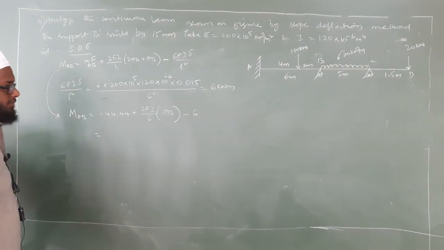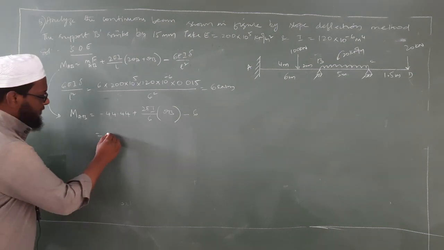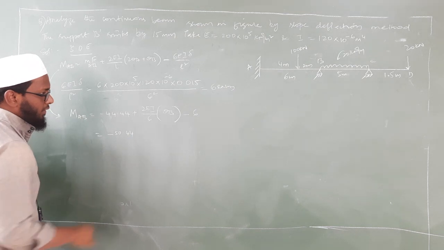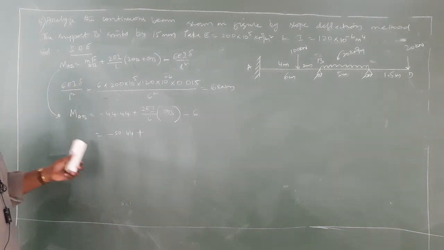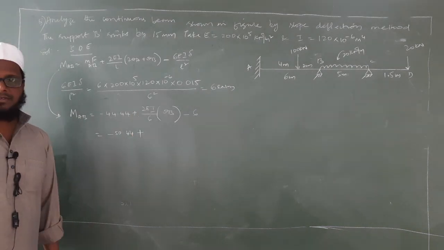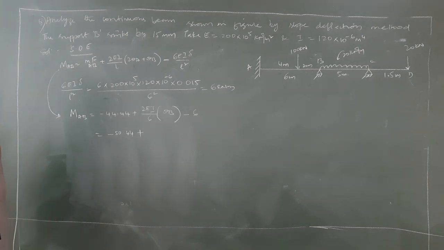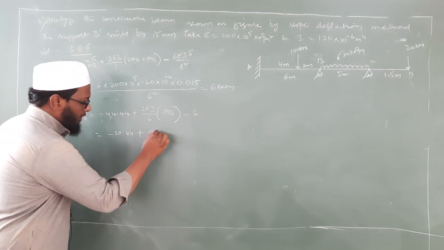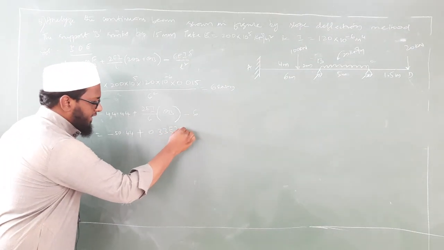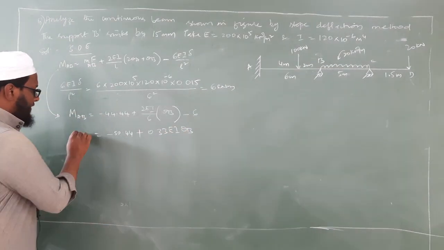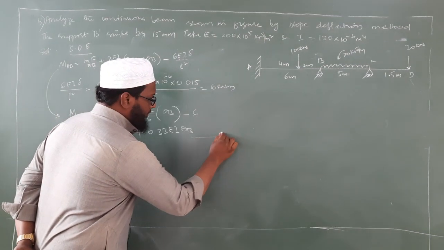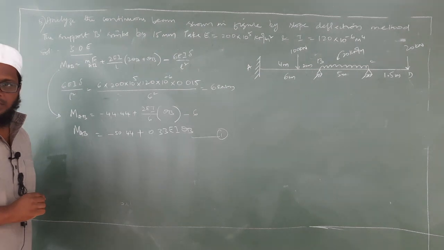Yes. Minus 50.44 plus 2 by 6. How much? 0.33. 0.33 EI theta B. This is capital MAB. Equation number 1. Able to follow this one?